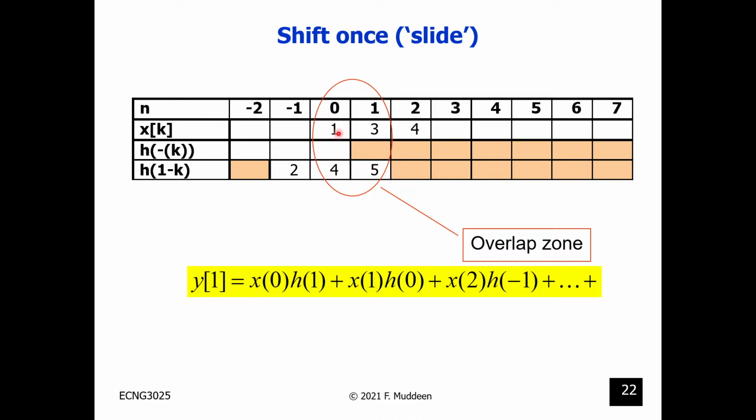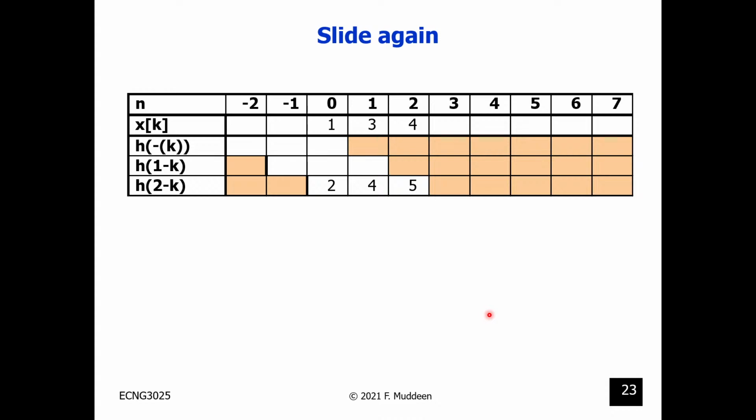Where the overlap occurred, for 0, it's going to be 1 multiplied by 4, and for 1 here, it's going to be 3 multiplied by 5. We just add the two multiplications together to get our end result. So y of 1 is 1 multiplied by 4, which gives 4, plus 3 multiplied by 5, which is 15. So that's 15 plus 4, which gives us 19.